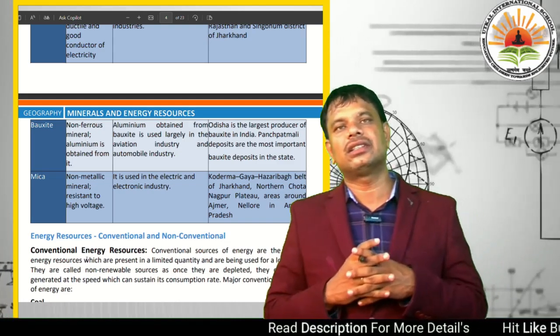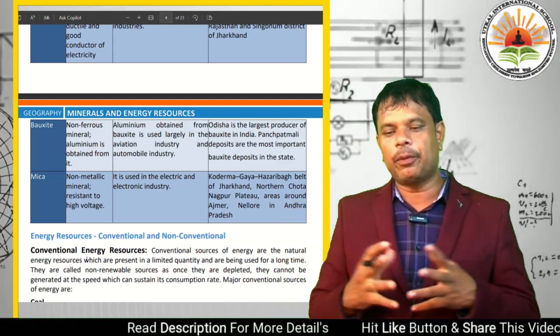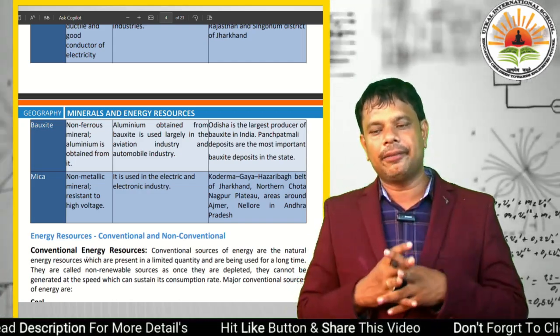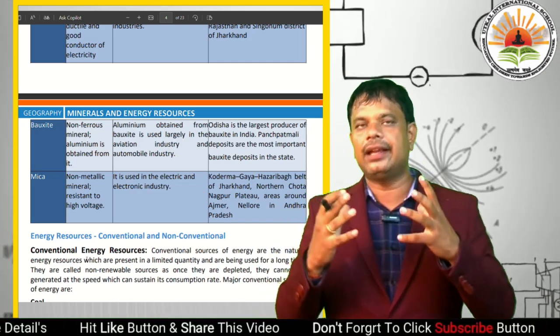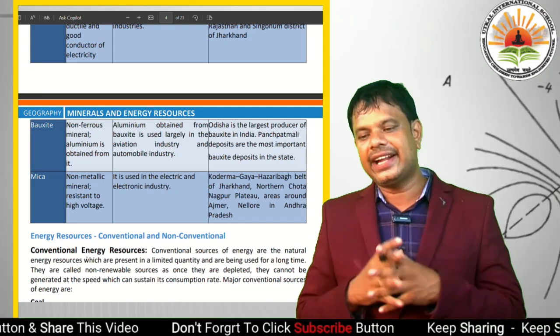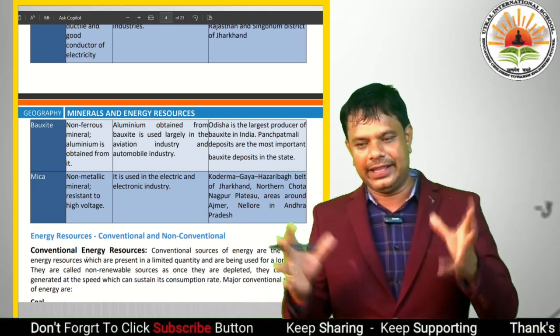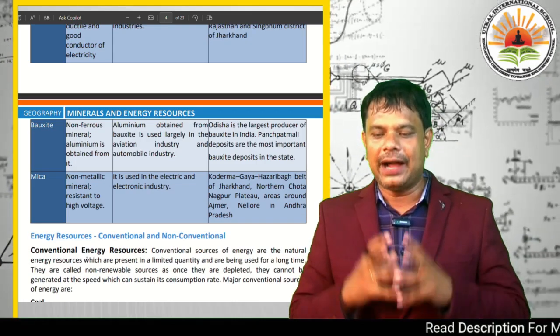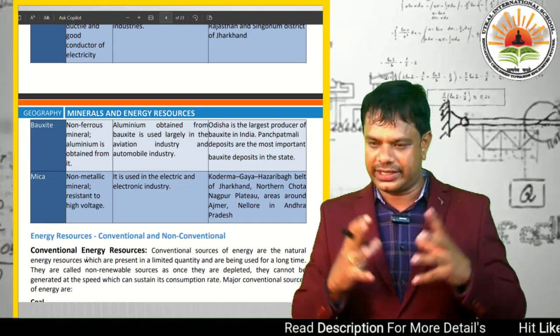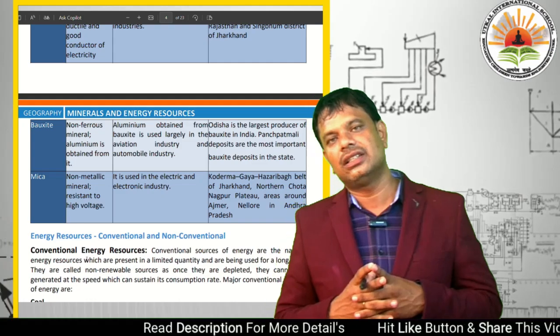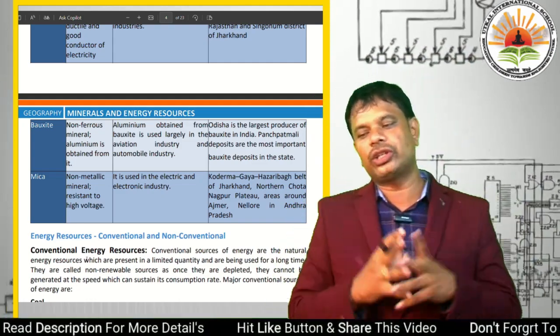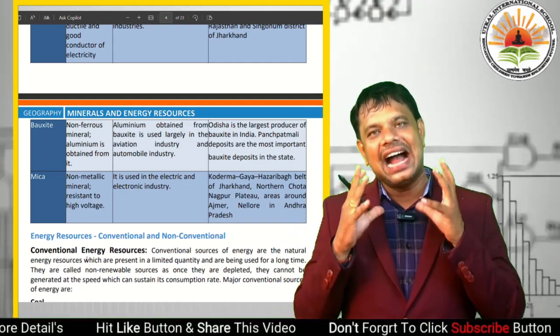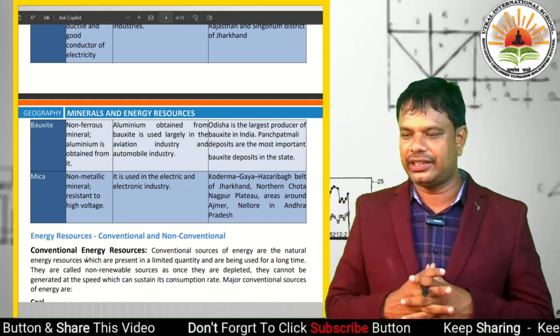Then dear students, another important material is mica. Mica is a non-metallic mineral and it is resistant to high voltage. Mica is used in the electric and electronic industry.